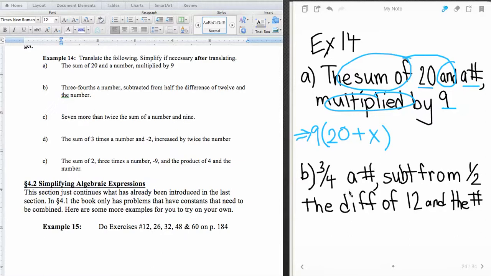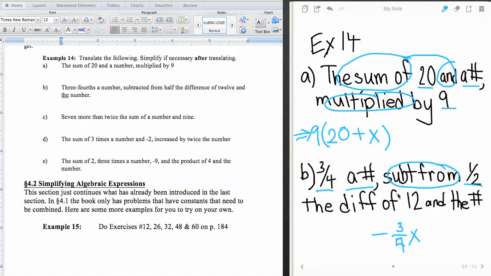All right, going on to part B. It says 3/4 of a number, and so those signify multiplication. And then it says subtracted from, so that's going to reverse the order, so I'm going to put the 3/4 times my number over here, and then I'm going to put the subtraction, and then what is it subtracted from?